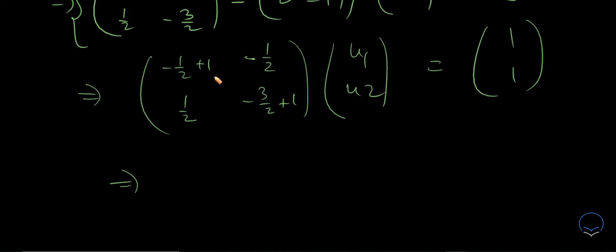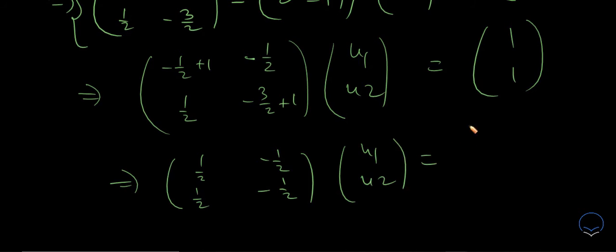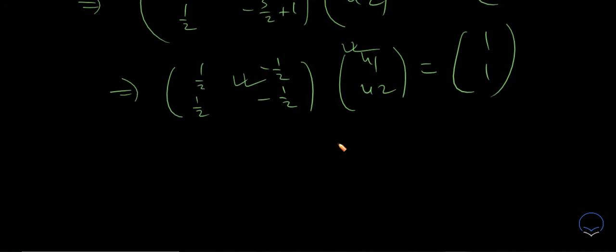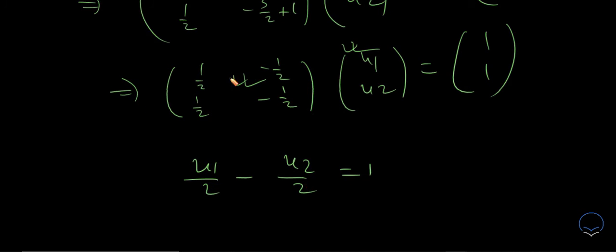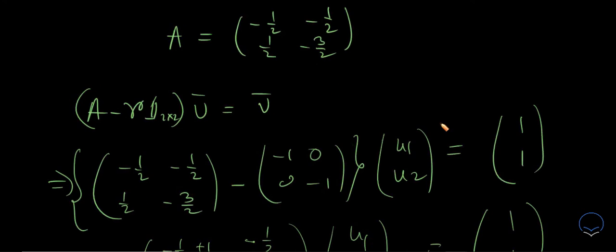So you can see that this is [1/2, -1/2; 1/2, -1/2], u1 and u2 equals (1, 1). Again, same thing as before. So you will have u1/2 minus u2/2 equals 1, right? And the bottom row will yield the same thing, if I'm not mistaken.